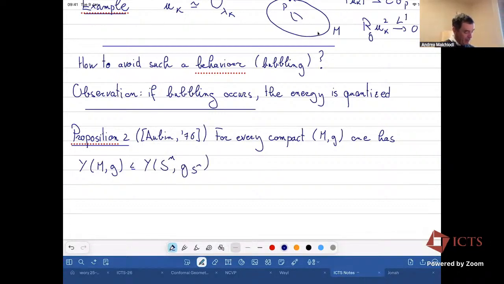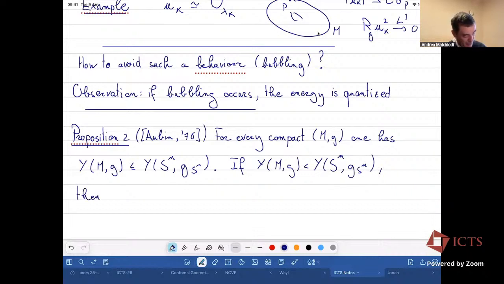And if you have a strict inequality, then Y(M,g), which is the infimum of Qg on W^{1,2}, is attained.